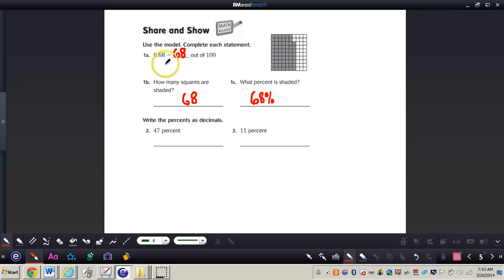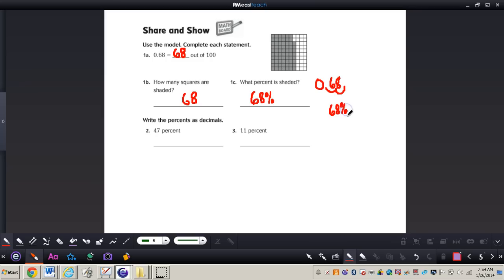Okay, now you can see what we're doing here. Whenever you change a decimal to a percent, you take your decimal and you simply move it 2 places to the right. And that gives us 68%.